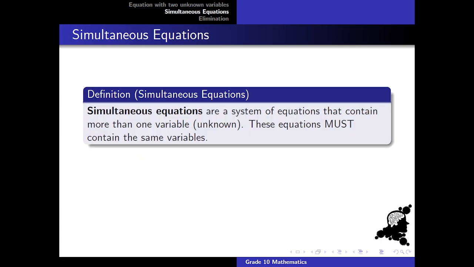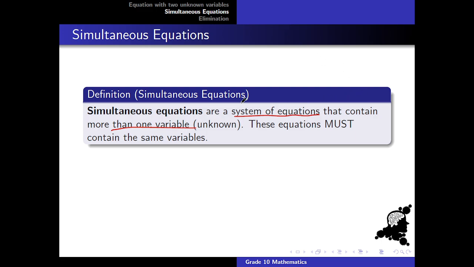So, what are simultaneous equations? These are a system of equations. Once again, it's more than one equation that contain more than one unknown variable. What we should take note of is that these equations must contain the same variables. So for us to be able to solve equations simultaneously, first of all, we need to have more than one unknown variable in a system of equations.